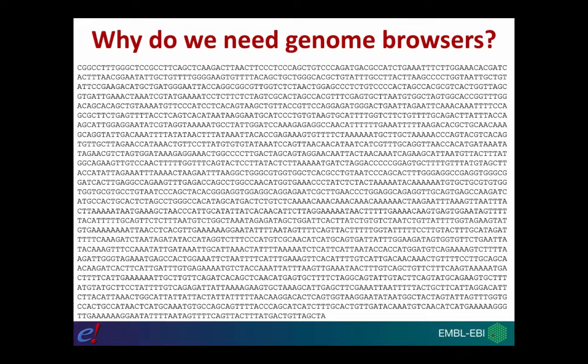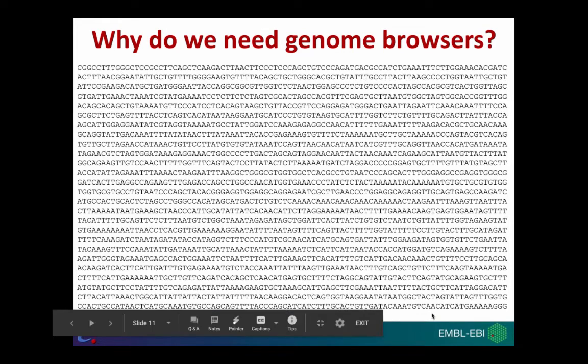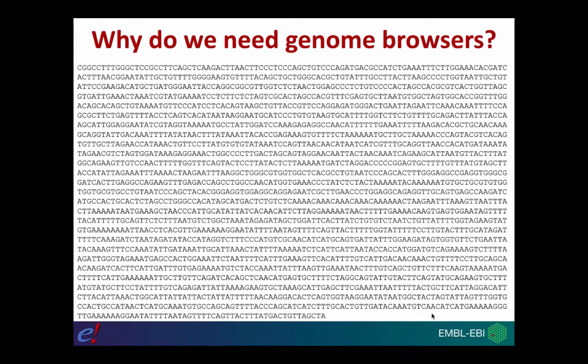So this is just a string of A's, T's, G's, and C's. So this might be a section of a genome sequence. And this is what Ensembl would import from these publicly available archives. But obviously, as you can see, without any annotation or without any context or other information here, this is really quite meaningless. So that's what Ensembl as a genome browser tries to do.